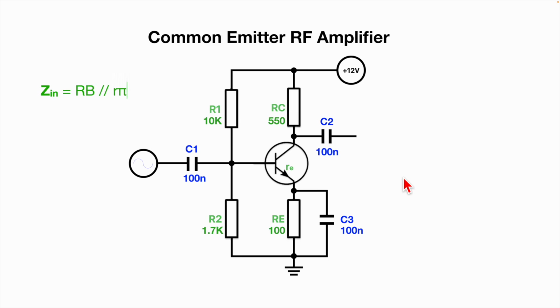So the input impedance is usually seen as two different resistances in parallel with one another, and they are what we call RB and R pi. Well, RB is just itself a parallel combination of resistances R1 and R2. So this is the voltage divider, and it's because at AC level all the capacitors are seen as short circuits.